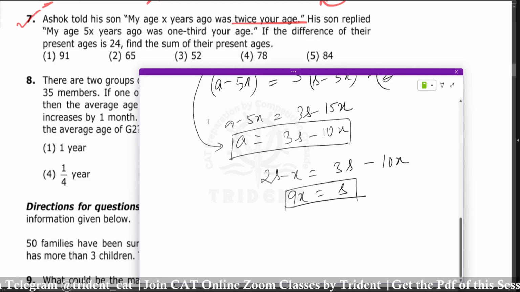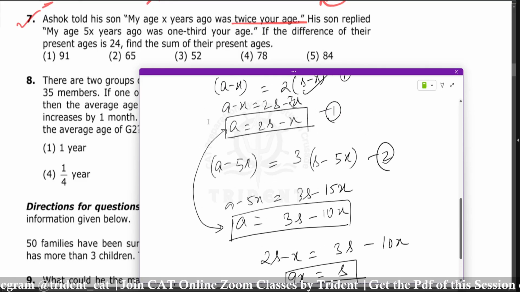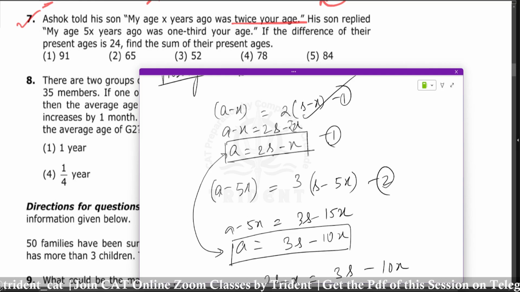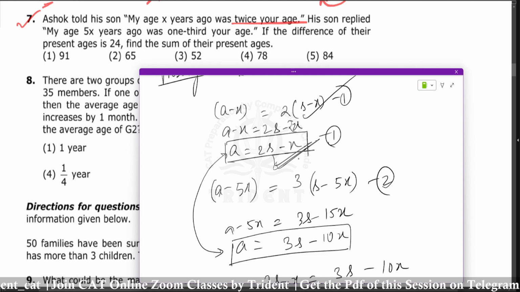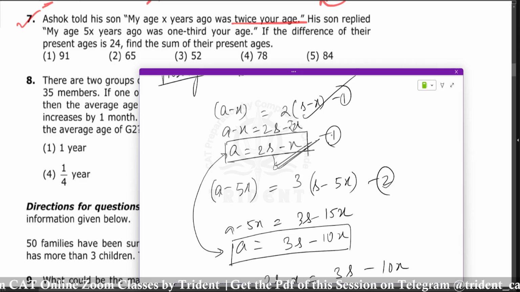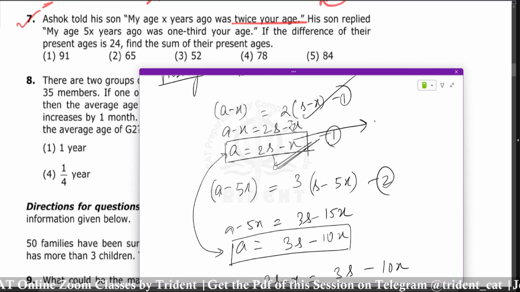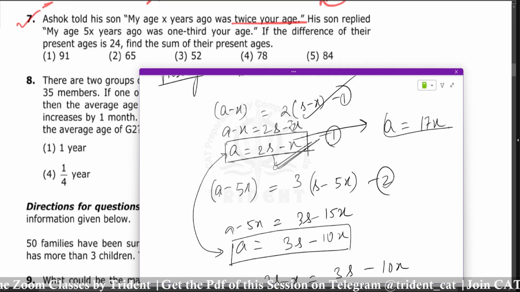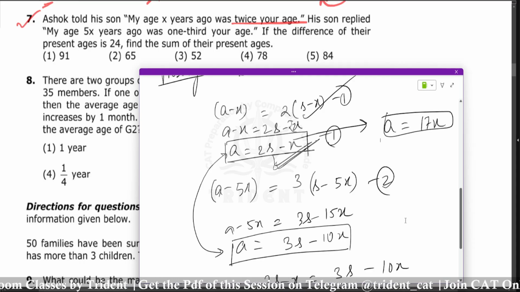If I know that s is equals to 9x, can I calculate for a? Yes, of course. Use that in equation number 1. S is 9x. So a becomes 18x minus x. I'm using this one. So a becomes 17x. Wonderful.